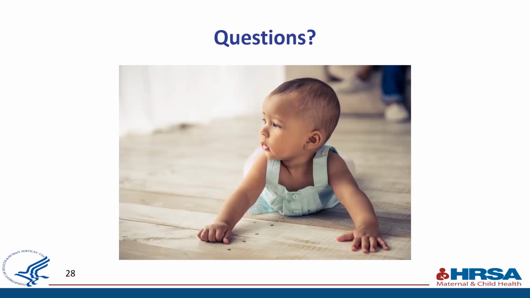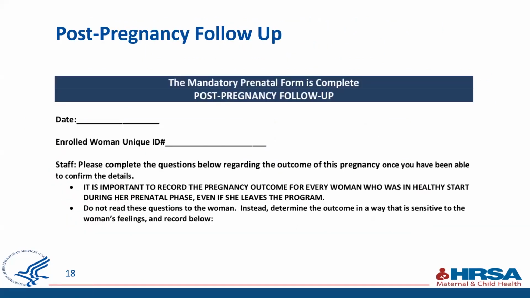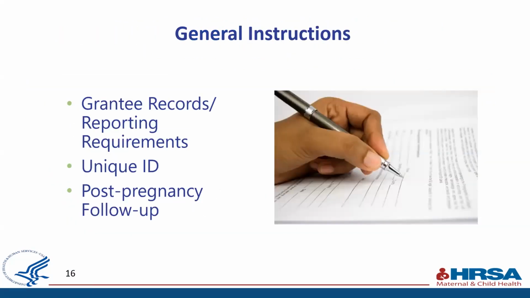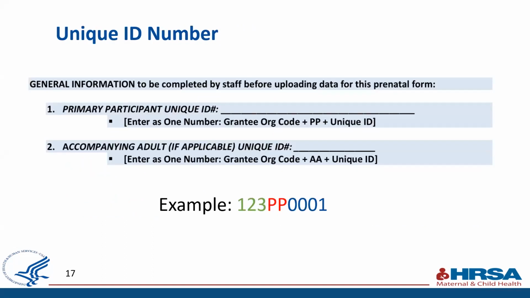Let's see. There were a lot of questions about the unique ID number. I'm wondering if we could go back to the slide that showed the format for that. Sure. The next one, Tess. Yep. So people wanted to clarify what the format should be.